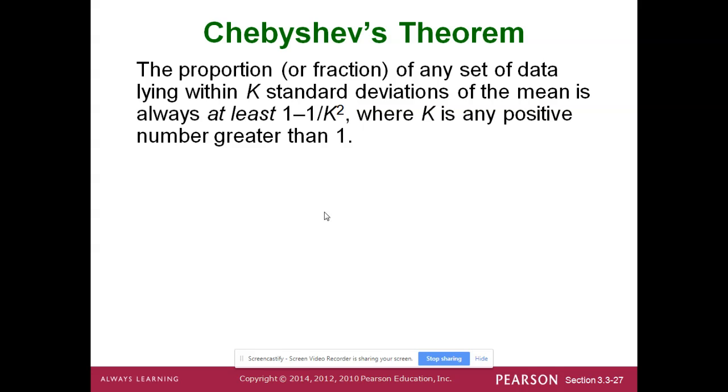Okay? The proportion of any set of data lying within k number of standard deviations, okay, is always at least 1 minus 1 divided by k squared. That's Chebyshev's theorem, or formula that goes with that.